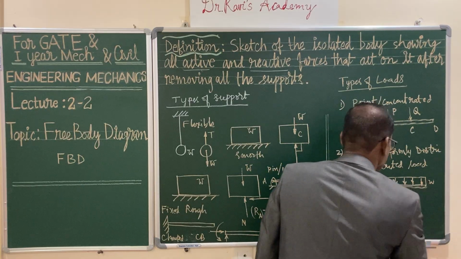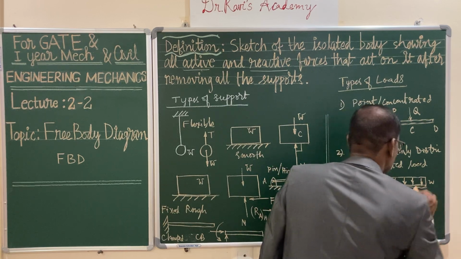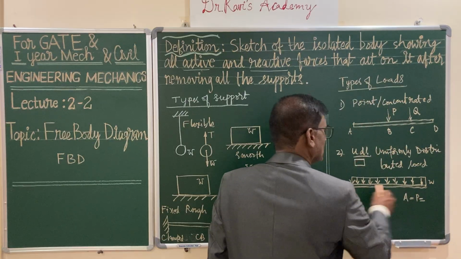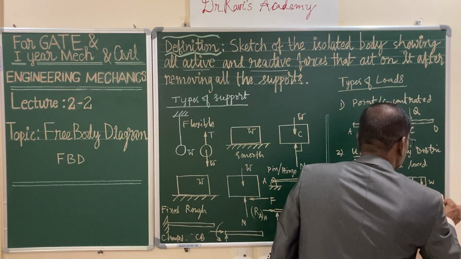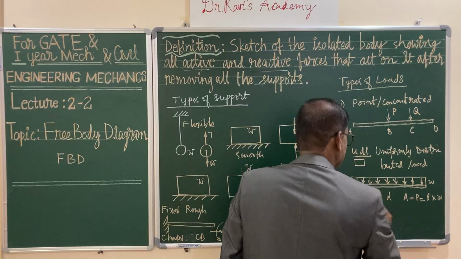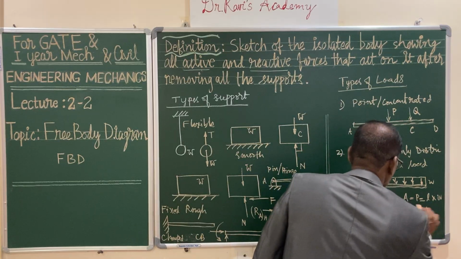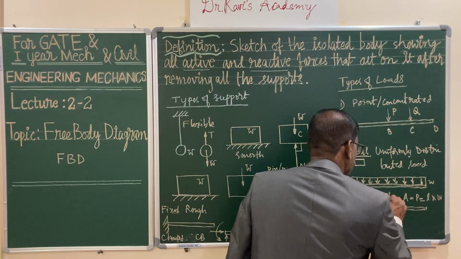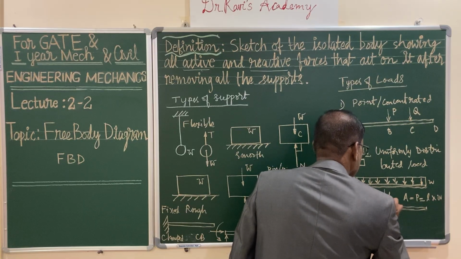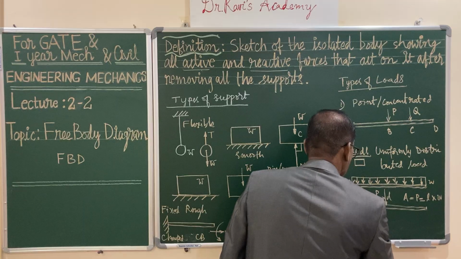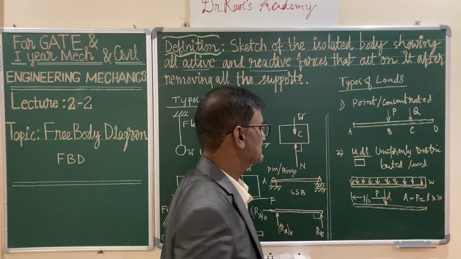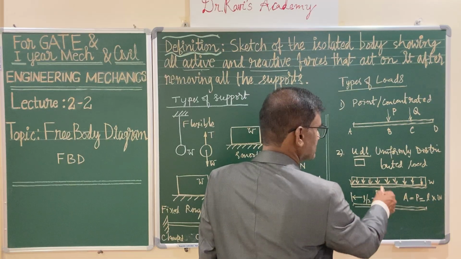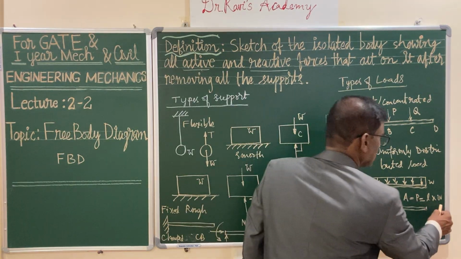That is, area A, which is nothing but your equivalent point load, is equal to length multiplied by w, and this is exactly acting at the midpoint, at a distance L by 2. So this P is acting at a distance L by 2 from the left hand or right hand. So you can replace UDL, that is rectangular load, by a point load by calculating the area of the rectangle.